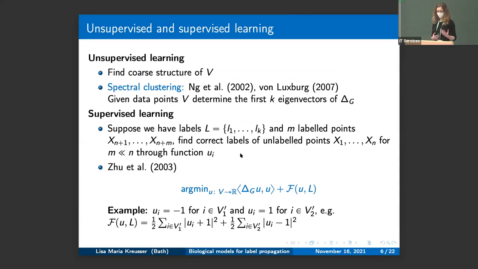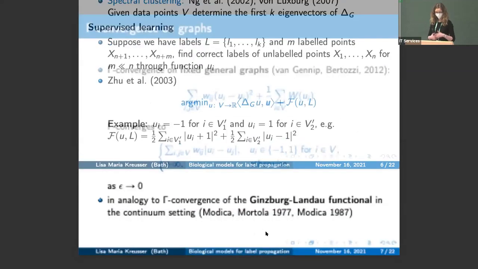And now, as a fidelity term, we look at the functional given here at the bottom. So we compare the distance of all u_i's in that set V1 prime to the given labels, and similarly for V2 prime as well.